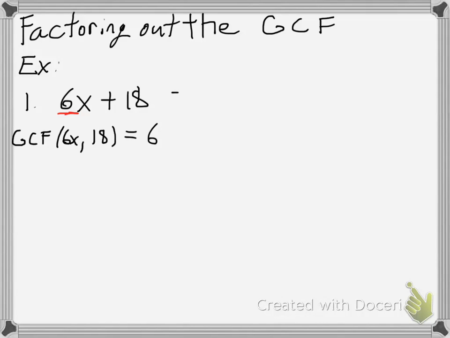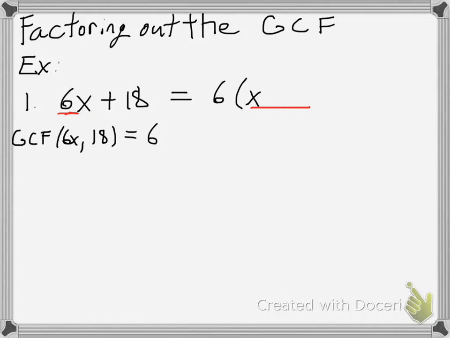So we're going to go ahead and factor that out. We factor the 6 out, and we have to figure out what goes inside these parentheses so I can get back to 6x plus 18. It's kind of like a backwards distributive property. So I'm asking myself, 6 times what is 6x? Well, it should be x. 6 times x is 6x.